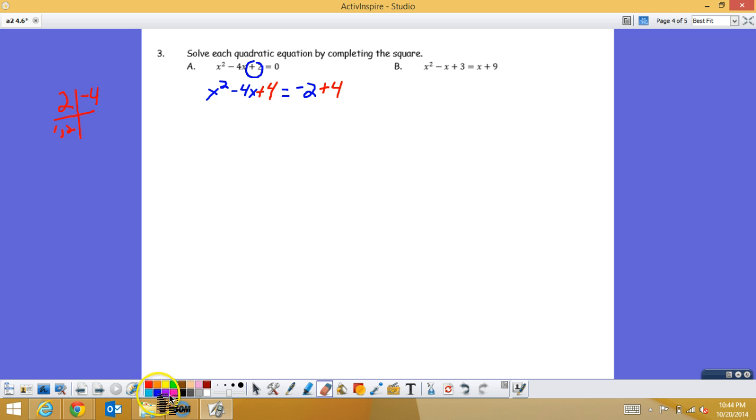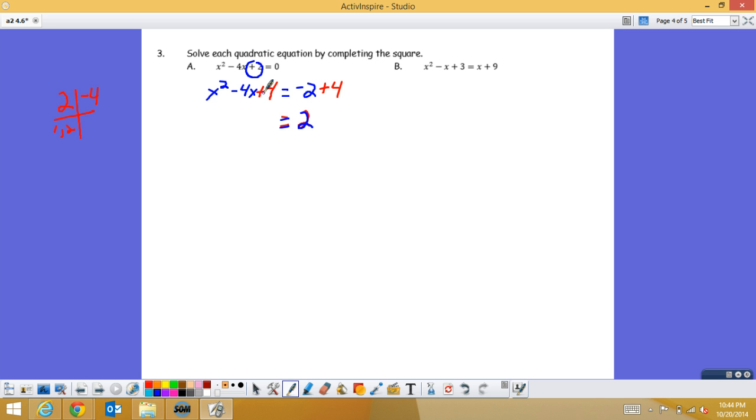So when we do that, we end up with 2 on the right side. And then we're going to factor that left side. What factors of 4 add up to negative 4? Well, negative 2 and negative 2.